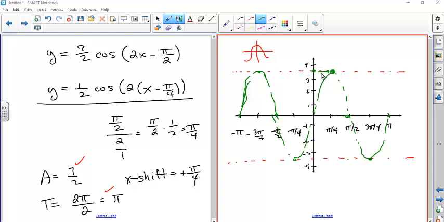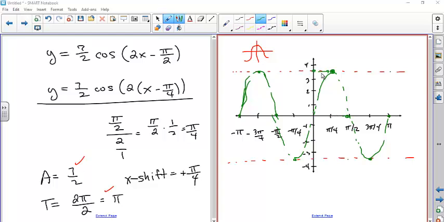You don't actually have to plot it, but I might ask you, what is the amplitude, the period, the x-y shift? Does it have x-axis or y-axis reflection? And then I might have some where you actually have to plot them. Like I said, I'll give you a blank plot with the appropriate tick marks on it.